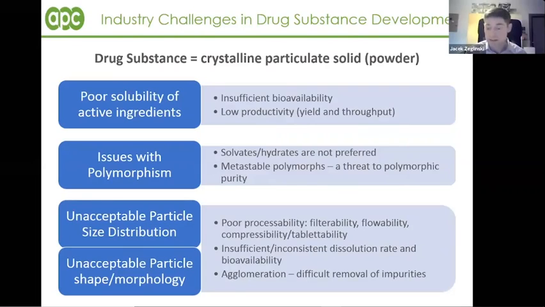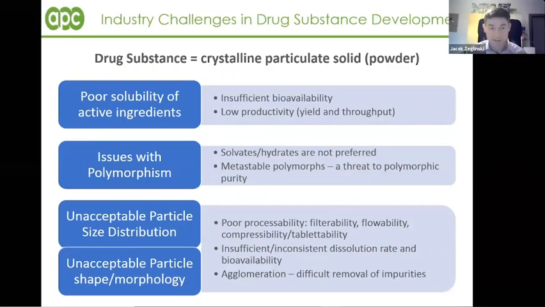Just at the start of the development process, there is usually a polymorph screen done in a range of different solvents, and many solvates and hydrates are isolated, which is not a preferred situation. So polymorphism is another big issue which the pharma industry is facing.